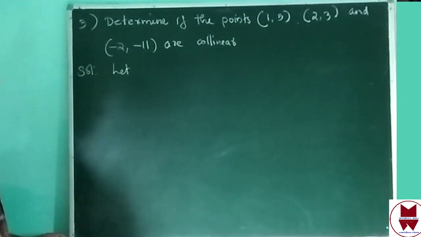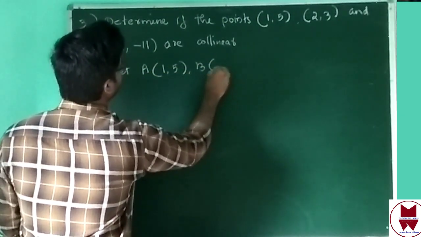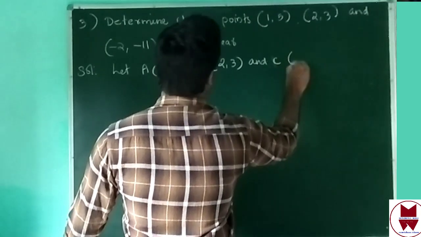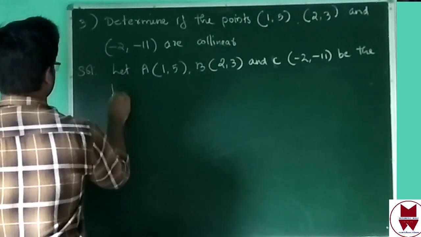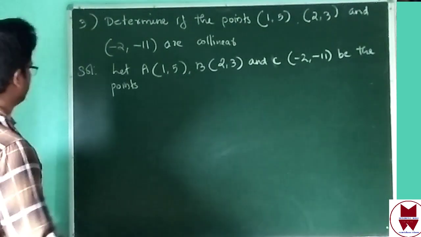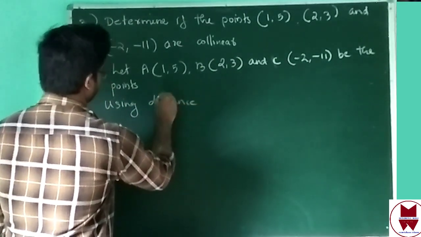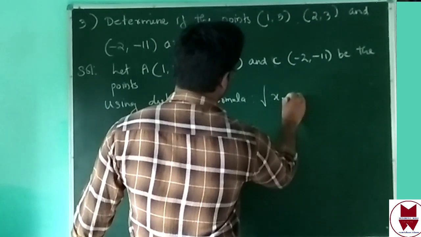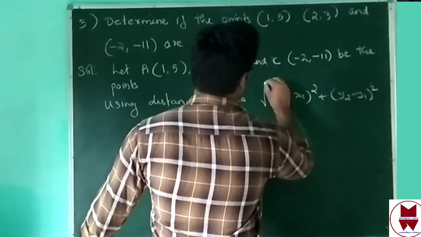Let us first give the names A, B, C. Using the distance formula: square root of (x2 minus x1) whole square plus (y2 minus y1) whole square.